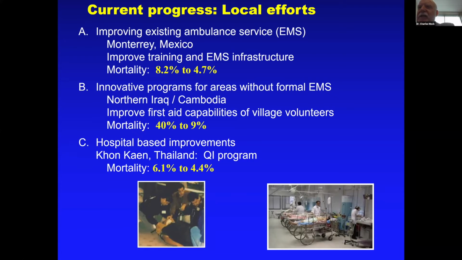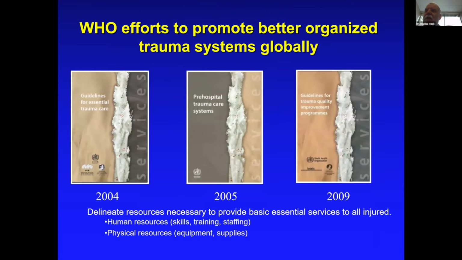And also simple things like quality improvement programs in hospitals have been documented to lower mortality, such as in the example from Thailand. So what I've worked on with WHO is trying to extend those sort of success stories from individual locations and institutions to try to accomplish those sort of things more globally.